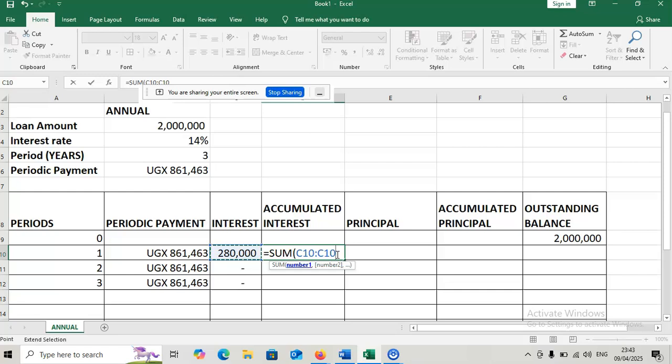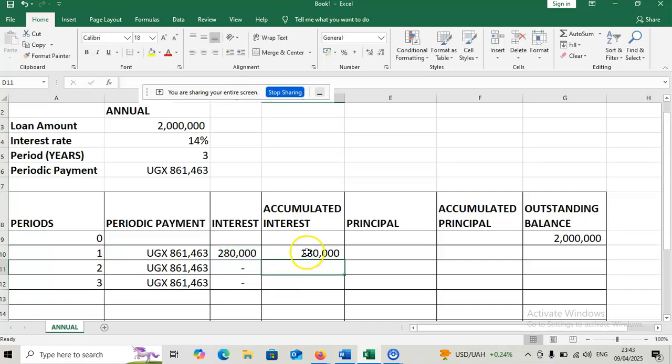That is okay. Just type in a bracket, then come back and fix, because our formula is supposed to be sum of interest, fix it, full colon, then select interest again. Then press the enter button and you auto fill.